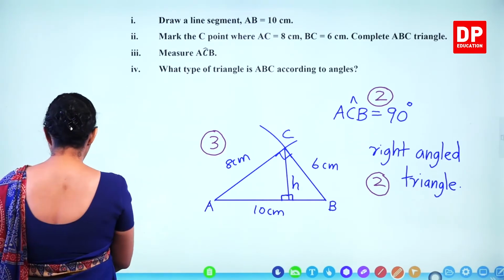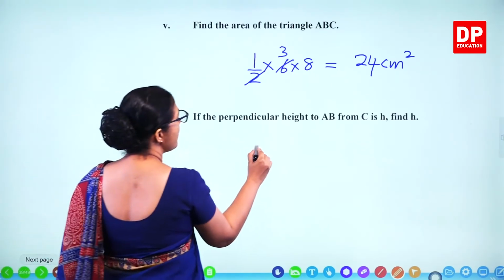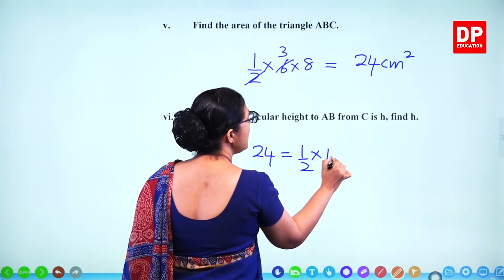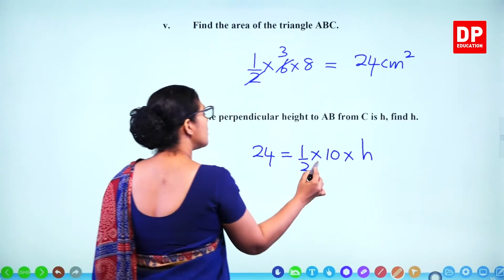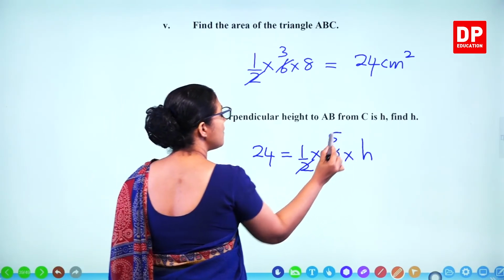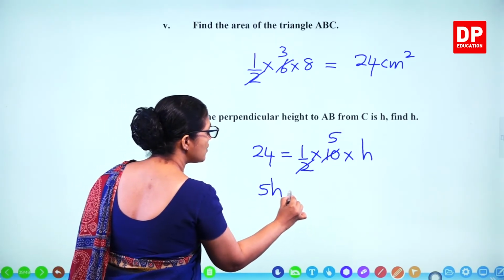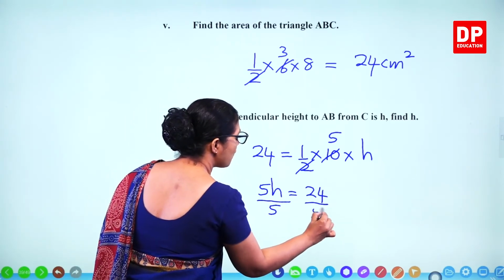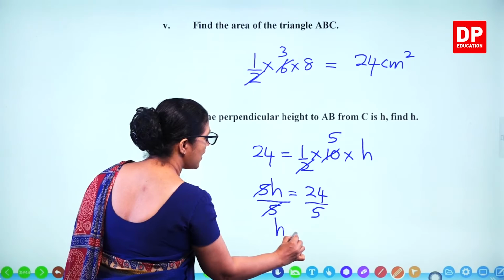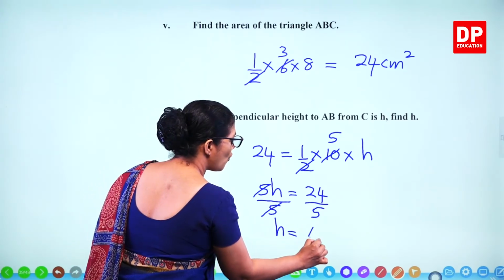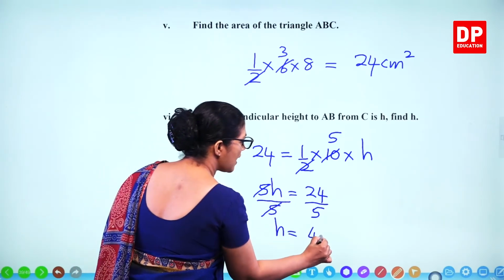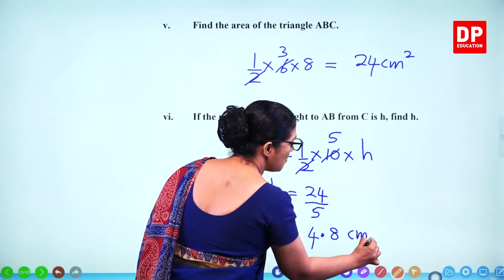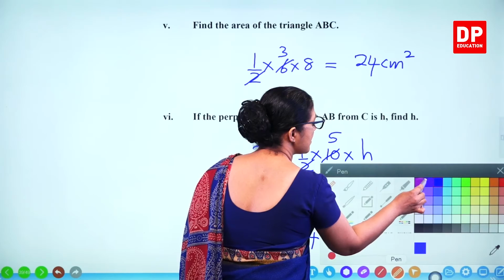That's equal to the same area. 24 is equal to half into 10 into h. So 2 times here, 5. So 5h equals 24. So what's h? Divide by 5. You get h equals 24 over 5, which is 4.8 centimeters, the height.